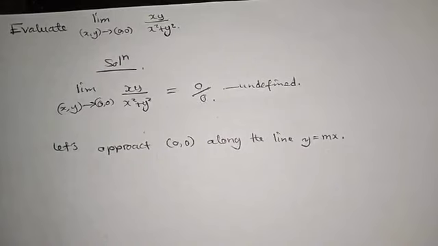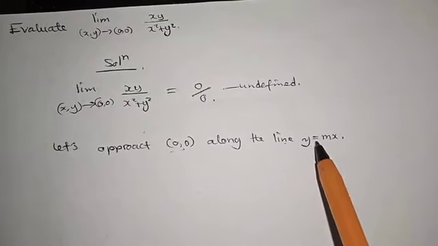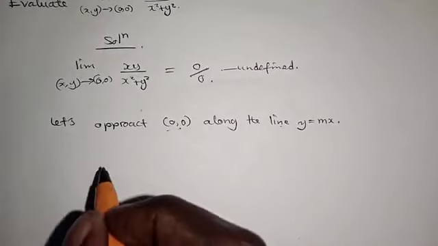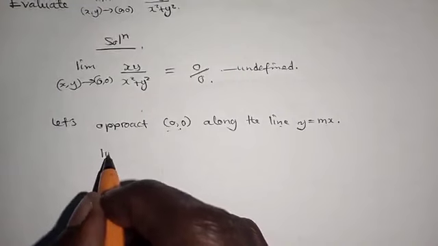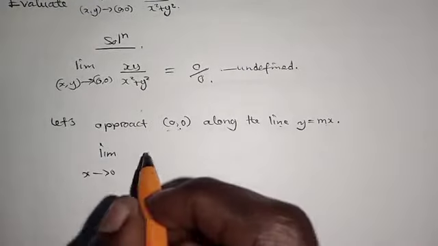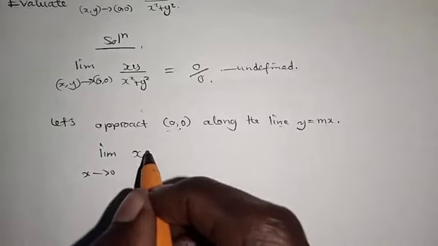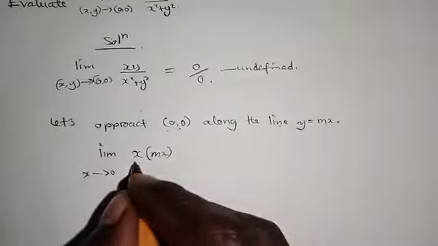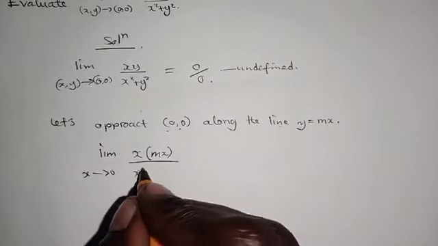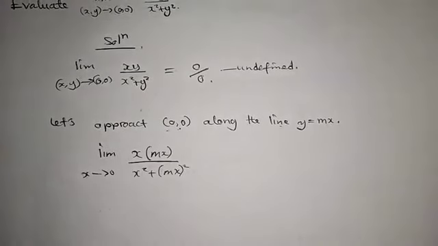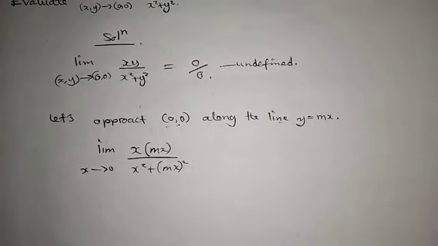So we're going to approach this point along this line. This gives us the limit of x as it approaches 0 for x, and where there is y, we substitute that value mx, and also x squared over mx squared. So that's what we have now.